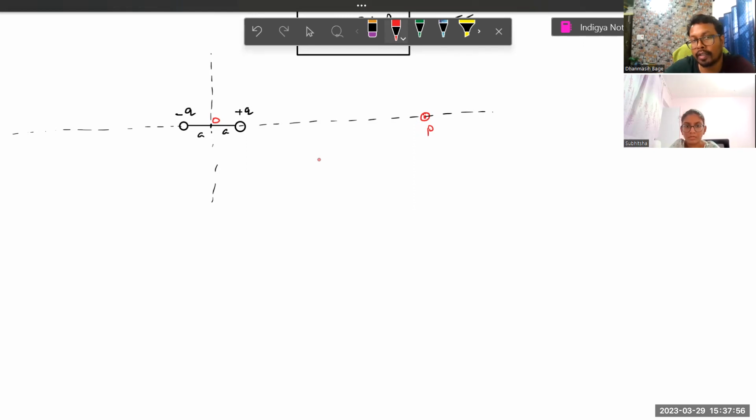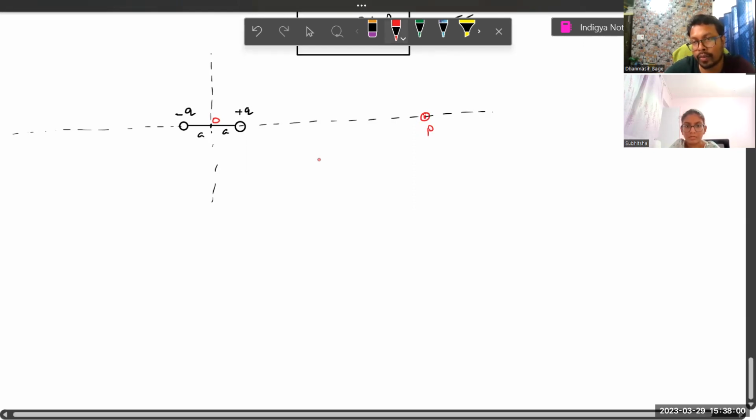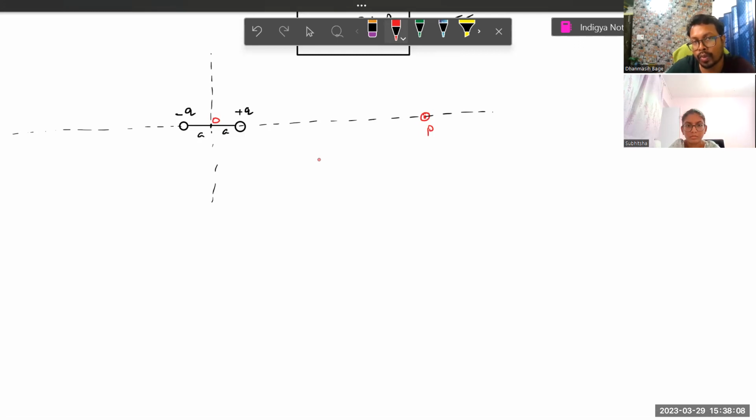In order to do that, just always imagine this point P is closer to plus Q, right? This point P is closer to plus Q. Electric field due to plus Q will be greater, E plus Q. And electric field due to minus q will be slightly smaller. Got it?